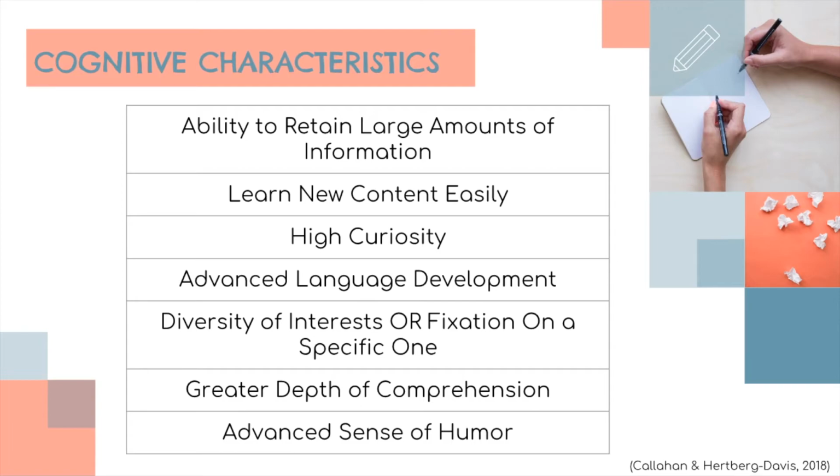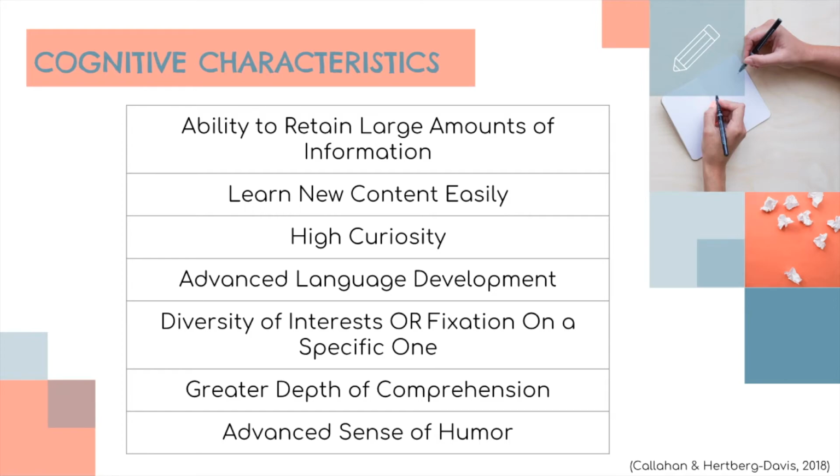Similarly, gifted students have advanced language development and have a diversity of interests, or in the case of specific academic ability, a fixation on a specific one. Finally, as we mentioned before, gifted students generally have a greater depth of comprehension and an advanced sense of humor that tags along with the fact that they are curious and attempt to always learn more things.